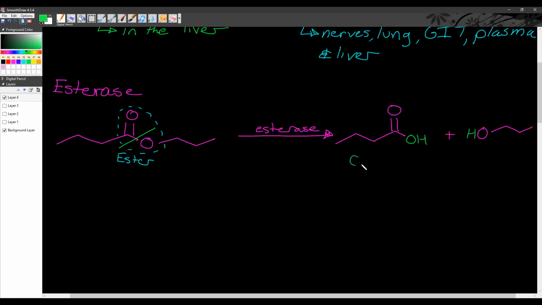So we are left with a carboxylic acid and an alcohol. What molecule is required for an esterase to do its job? Water. Yeah, we need H2O, which can also be written as HOH.